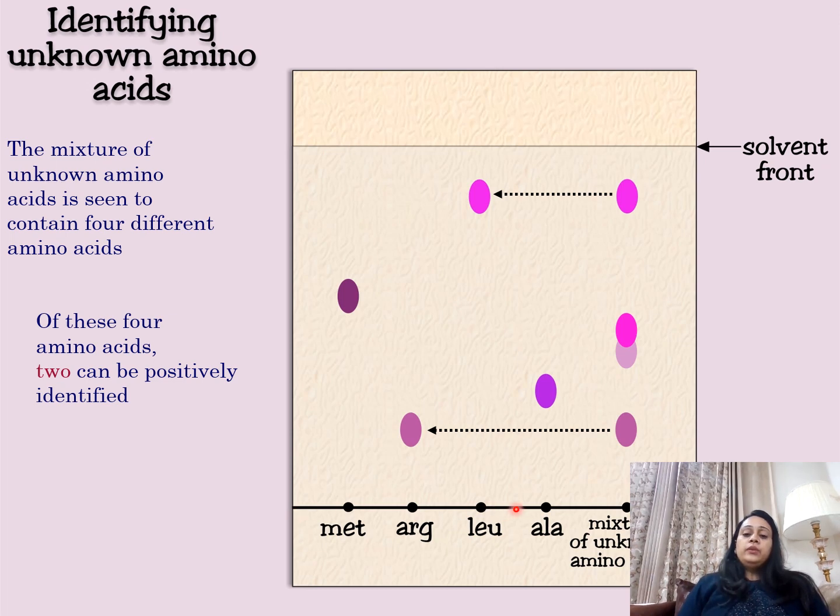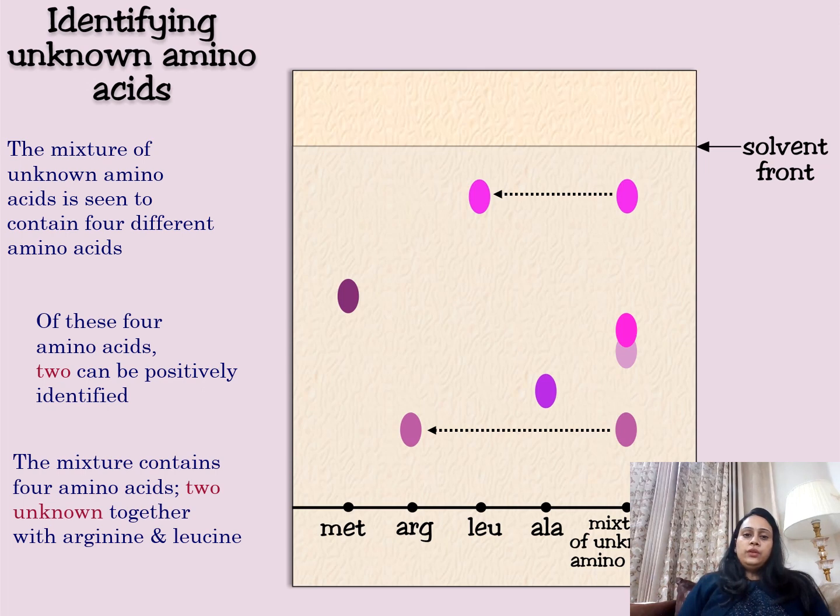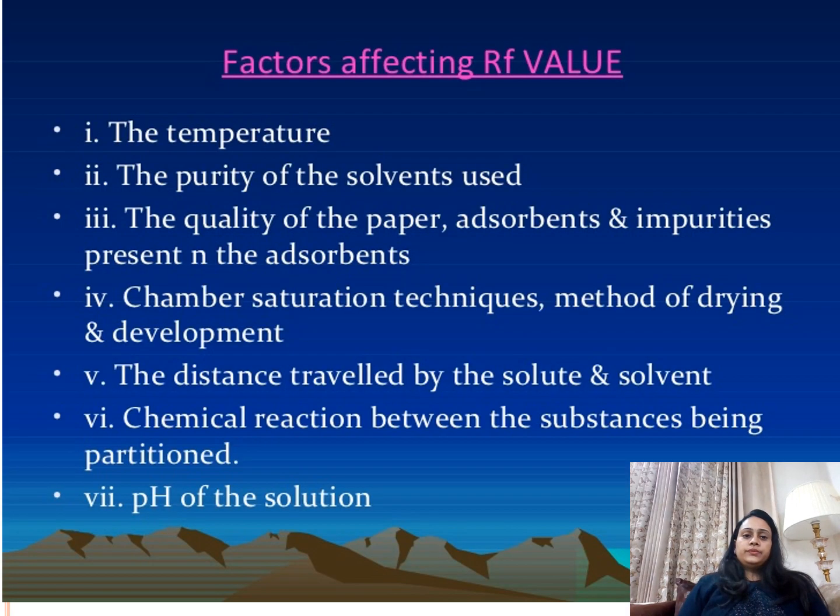Out of so many amino acids present in nature as well as in plants, I have run 4 amino acids, so I was able to detect only 2. If I had run 10, I could have detected these two also, because they have different colors and different RF, so I am not able to detect these. This is the way we do paper chromatography.